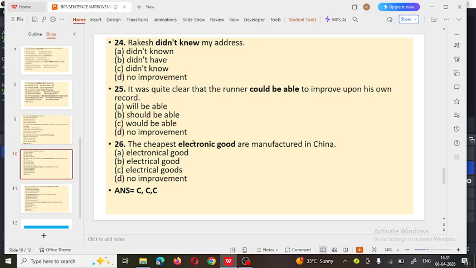Next, the cheapest electronic good are manufactured in China. Goods, not good. Electronic good is given, that is wrong.